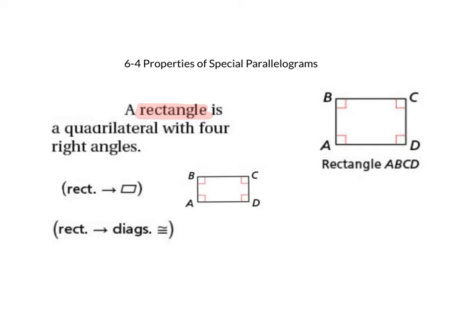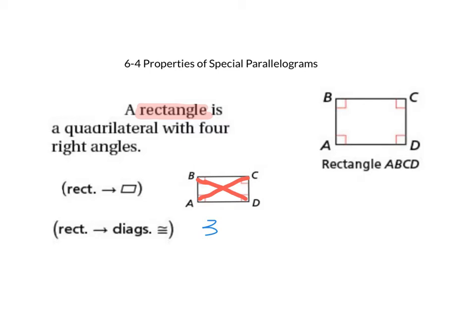So the length of BD, let me make that thinner, that's horrible. Try that again. Okay, the length of BD is congruent to the length of AC. And we can mark that. I'll just actually write it below.